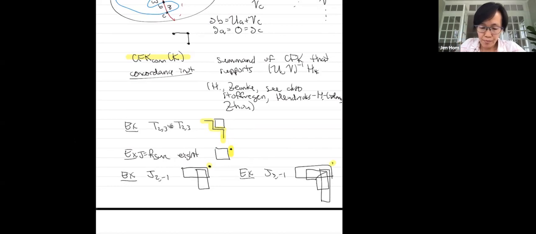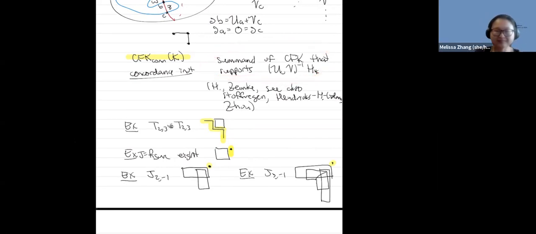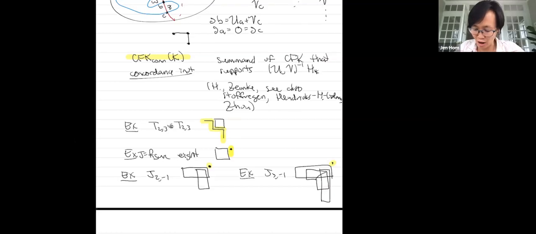Sorry, this might be a very elementary question. The word connected, is it just because it's always the piece that's connected to the generator for S3? We use the word because Matt Stoffregen used that word.